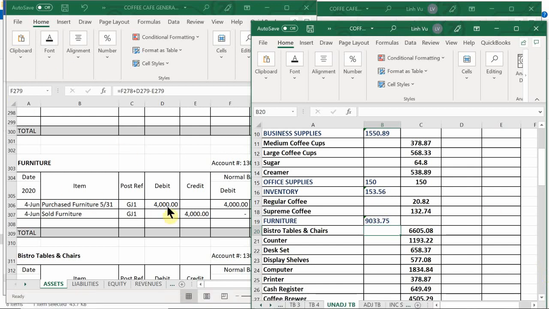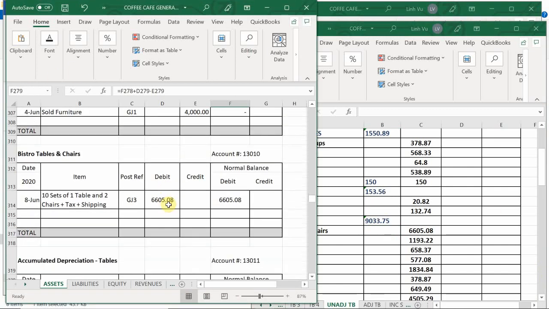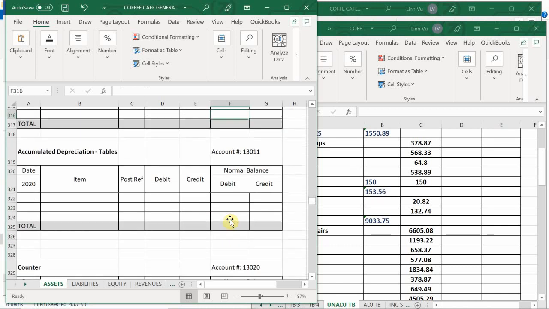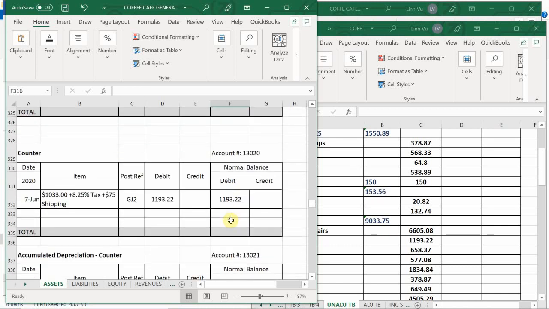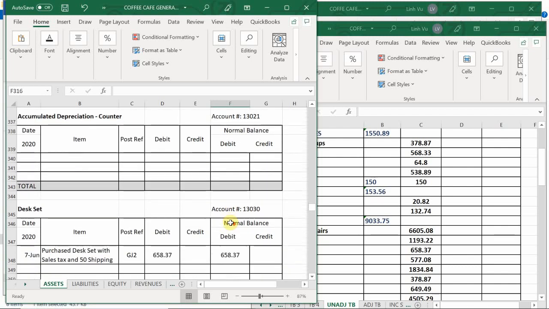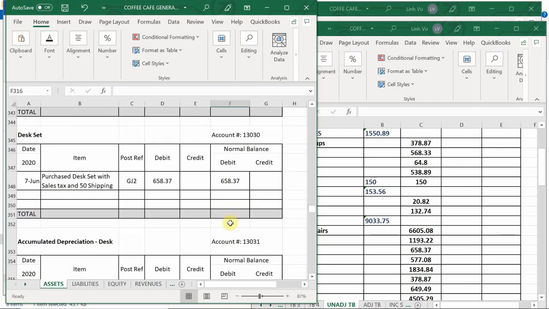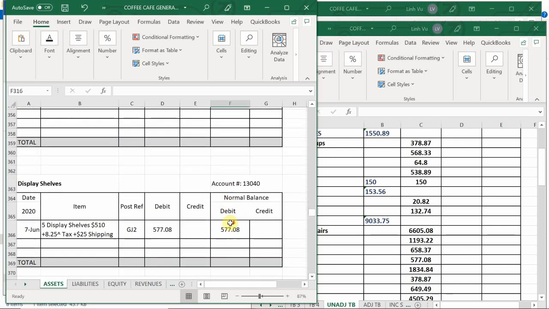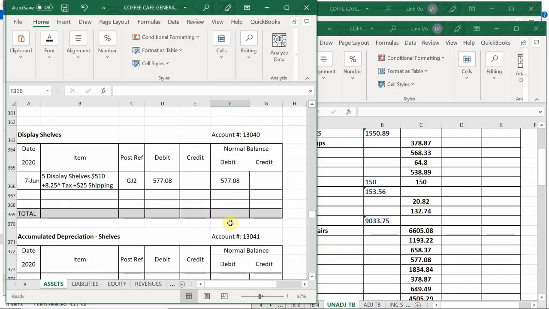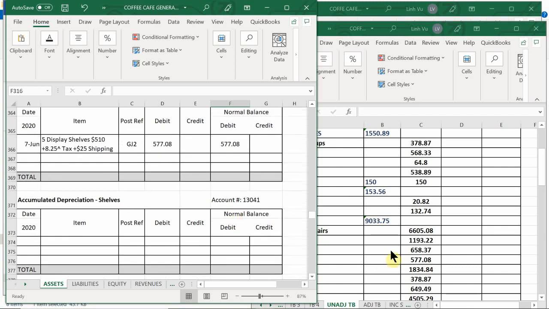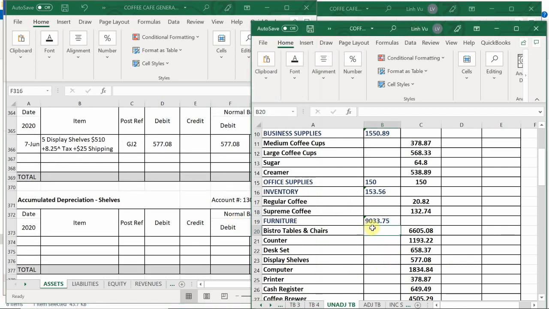Let's take a look at my tables and chairs. Is it the same? 665.08. Yep, it is the same. My counter is 1,193. My desk is still 658, and my display shelves is still 577.08. So my grand total furniture is 9,033.75.